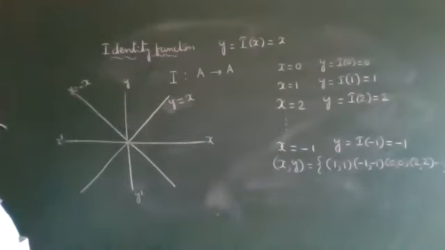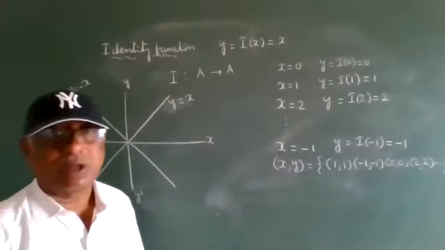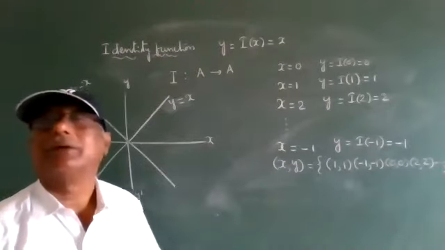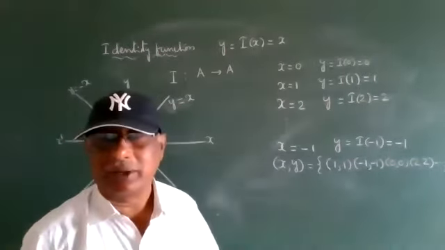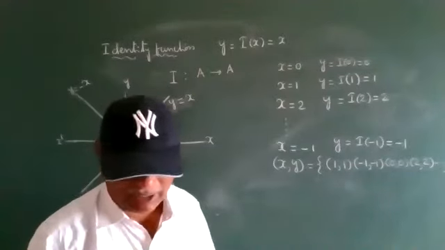That is the representation of the identity function. The graph is a straight line only.